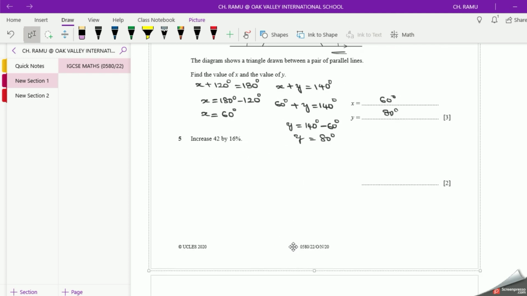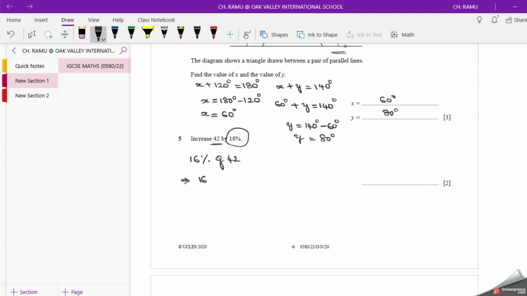Now we will go for question number 5. Increase 42 by 16%. First of all, we have to find the value of 16% of 42. That is 16 by 100 into 42. Using our calculator, we get 6.72.